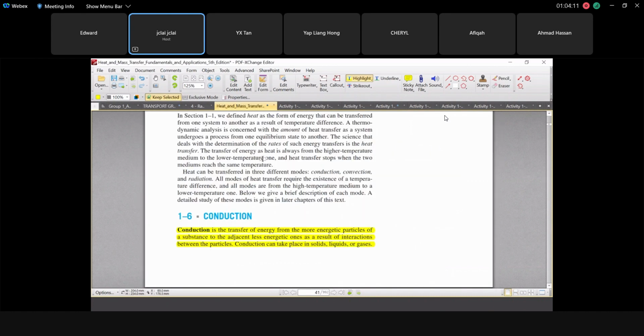I also want you to take some initiative to look for answers from other references, including some of the textbooks you can find. One of the soft skills we want to cultivate among you through this course is lifelong learning. So please don't expect to just get all the answers from your lecturers.